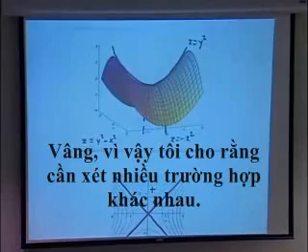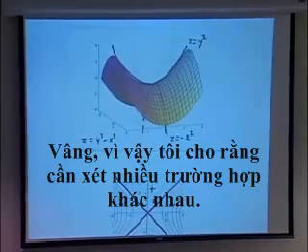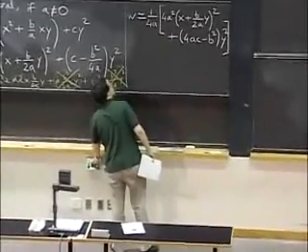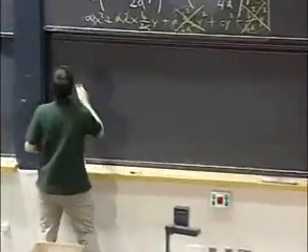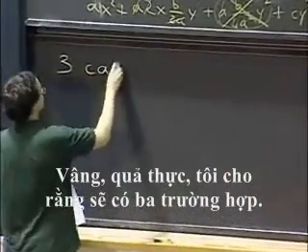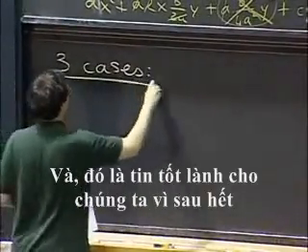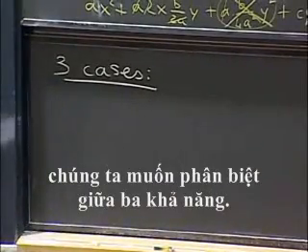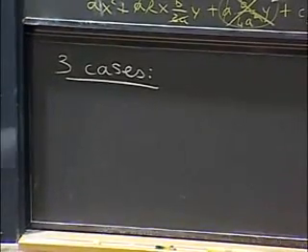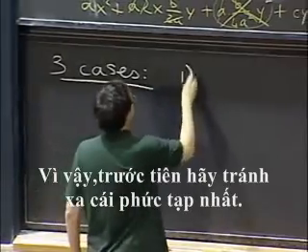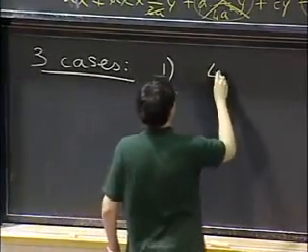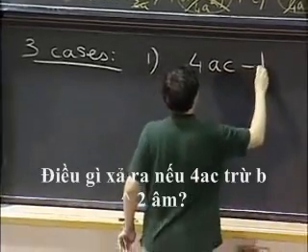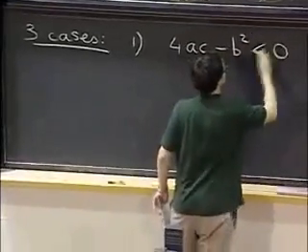Okay, so I claim there are various cases to look at. In fact, I claim there will be three cases, and that's good news for us because, after all, we want to distinguish between three possibilities. So let's first do away with the most complicated one. What if 4ac minus b squared is negative?